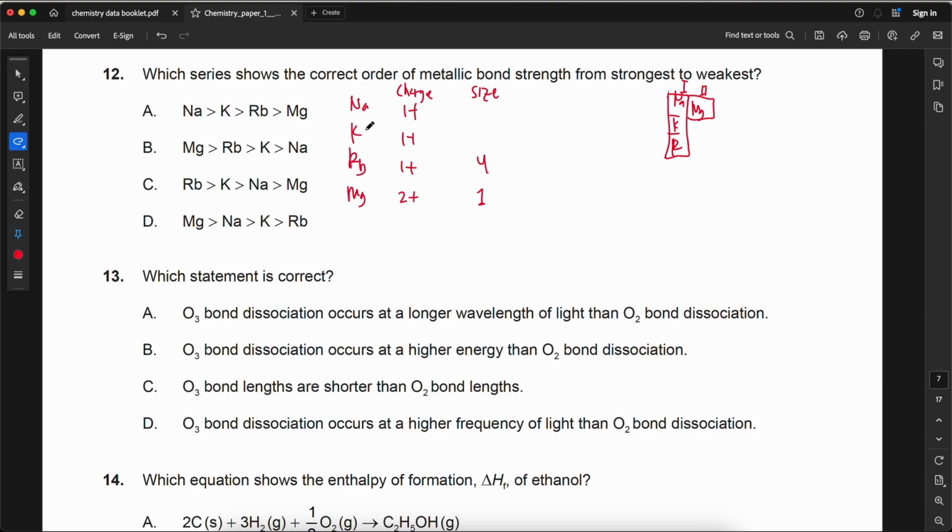K is bigger than Na because it has more electrons, more shells. So this is the third one and this is the second one. Therefore, Mg is stronger than Na, than K, than Rb.